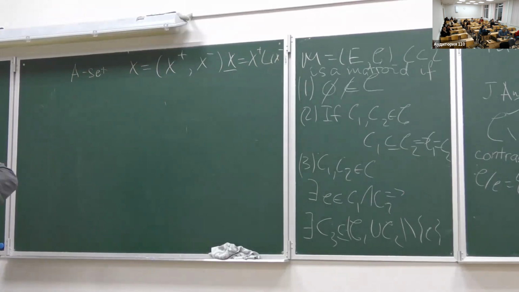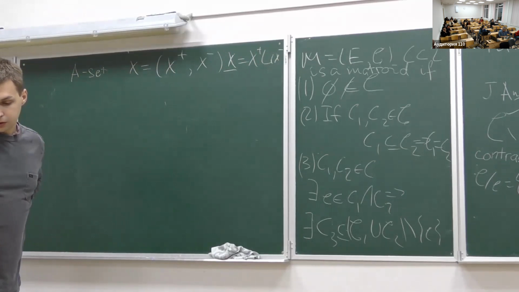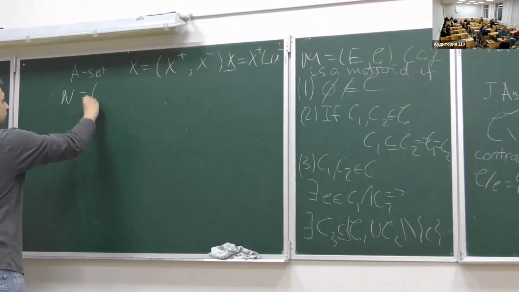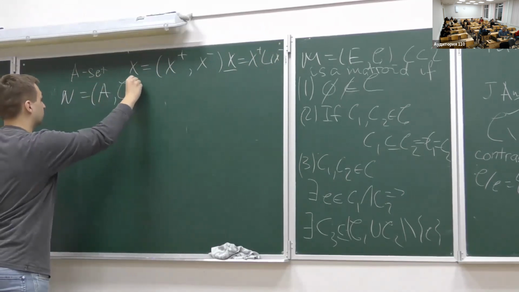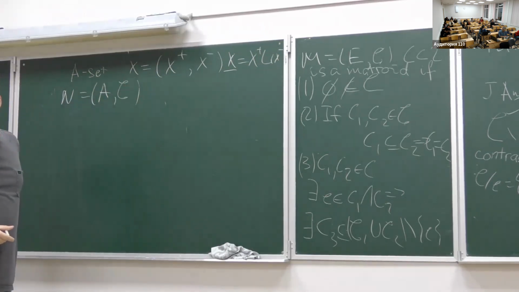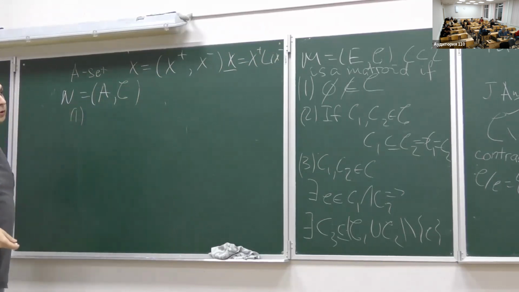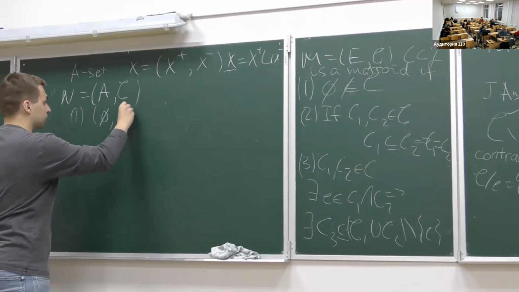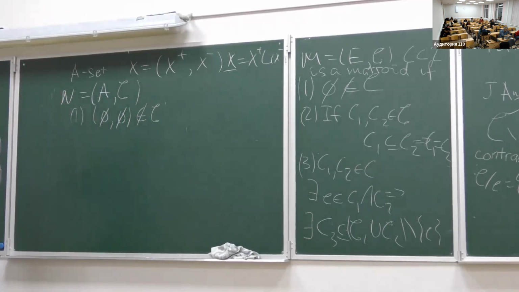Now we need the following axioms. Let's call it a matroid M with circuits. The first one stems from normal matroids: the pair of two empty sets is not a circuit.